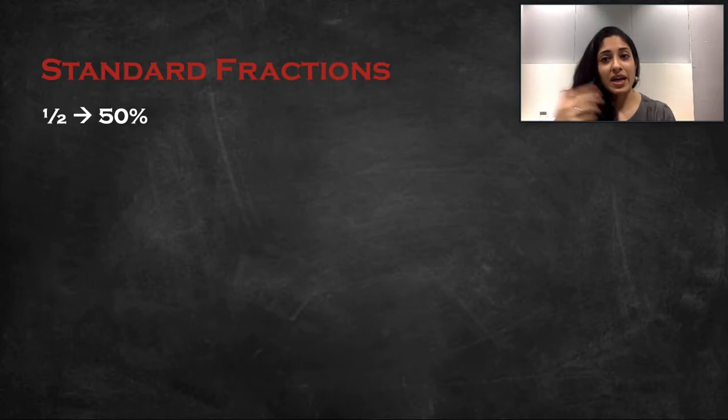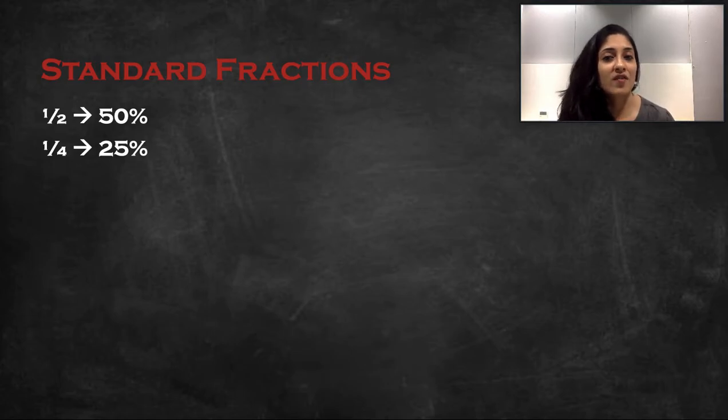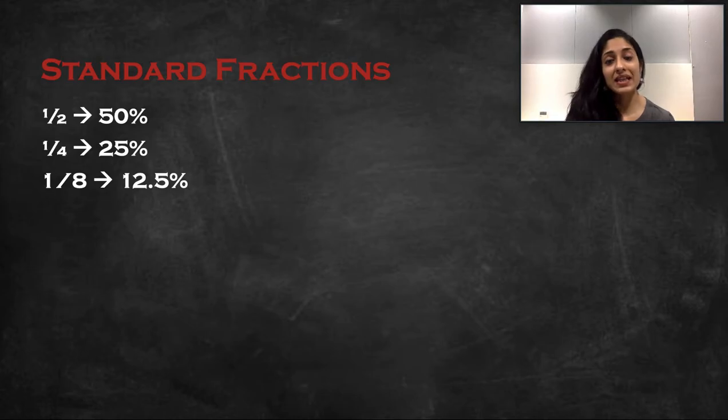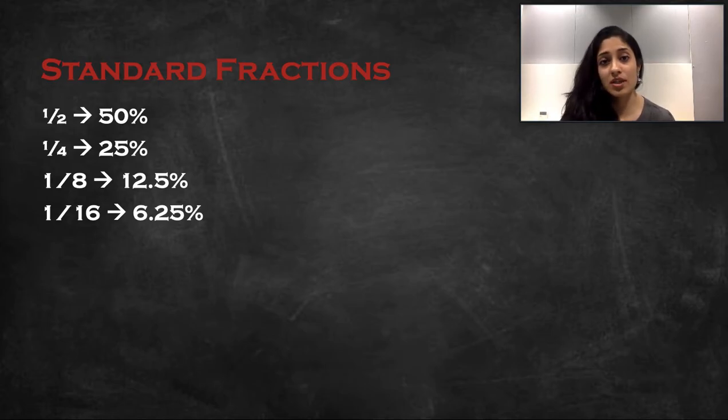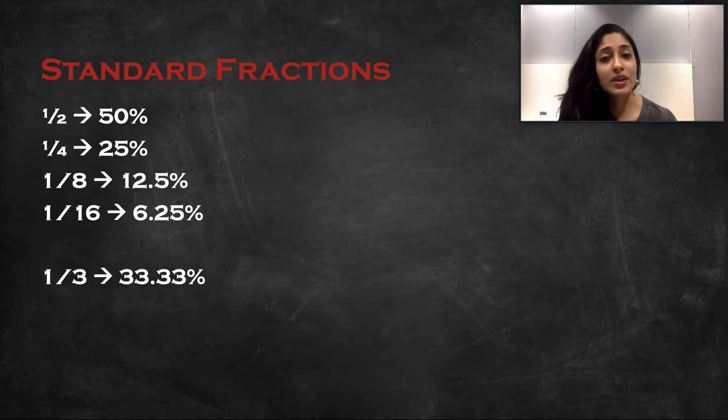If I divide both sides by 2, I further get 1/4 is 25%. Further dividing by 2, I get 1/8 as 12.5%. Further, 1/16 gives you 6.25%.